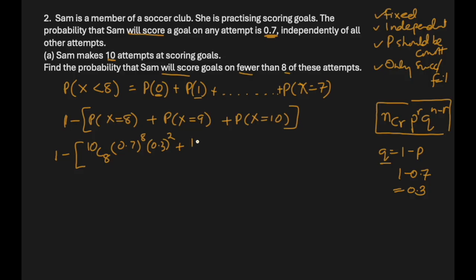Next, 10C9 this time. Successes 9, failures 1. 9 plus 1, 10. Total events 10. 10C10, that means all of them successes. 0.7 to the power 10. 0.3 to the power 0, which is 1, so no need to write it. So this is what we will subtract.